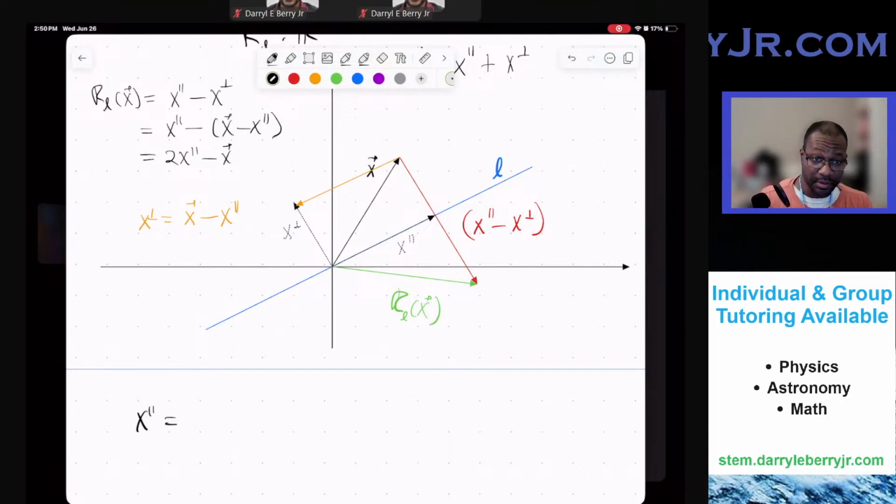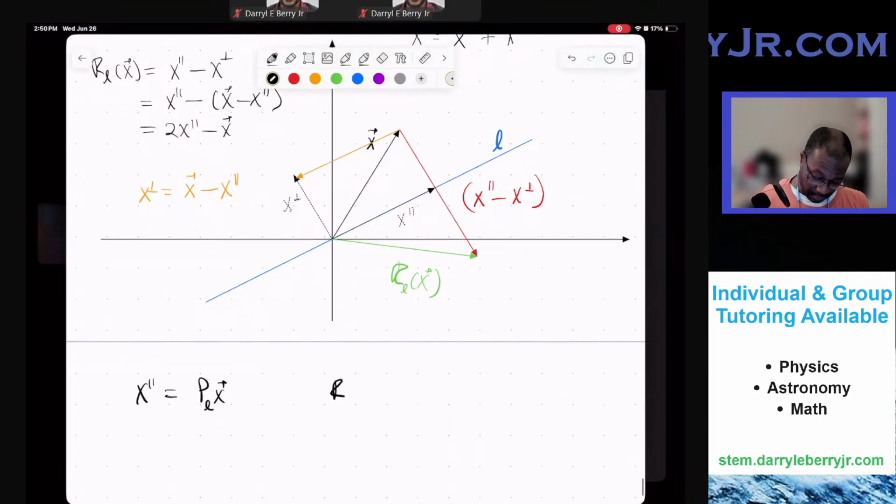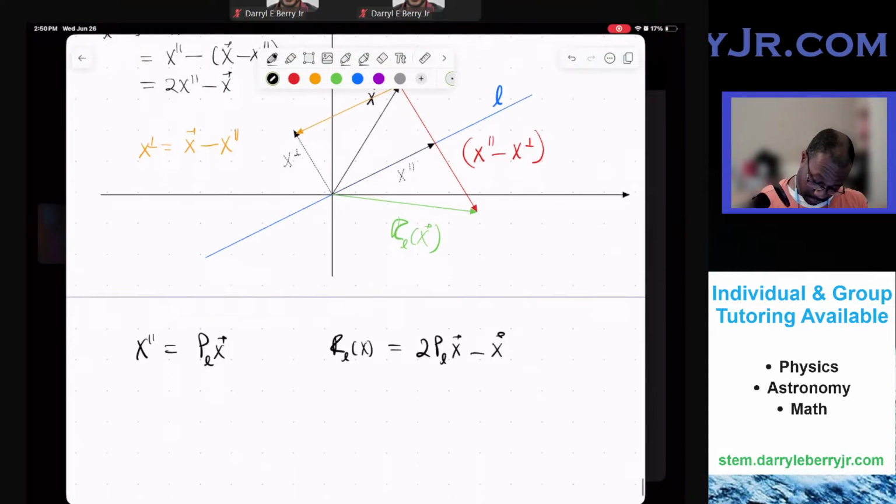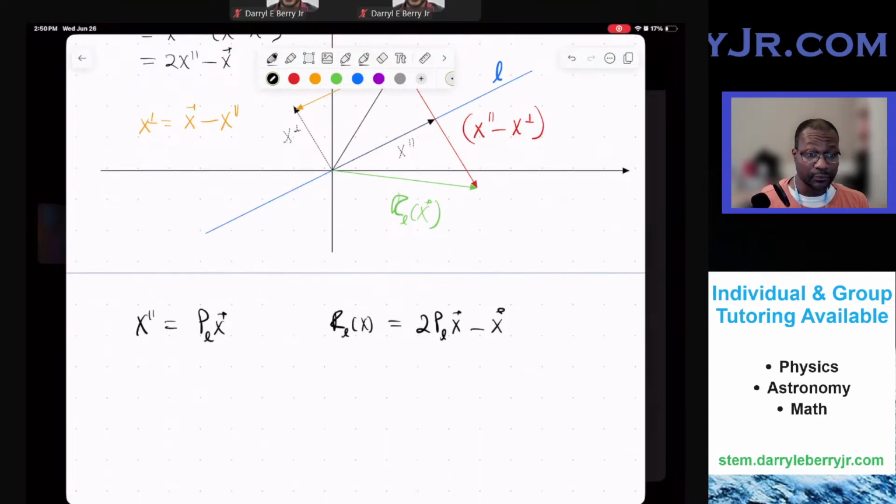So the reflection about L of X equals 2 times the projection of X onto L minus X. Or in functional notation, it equals 2PL minus I. Not sure about that one.